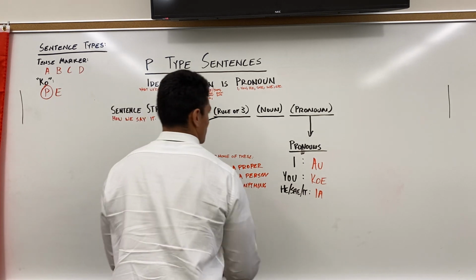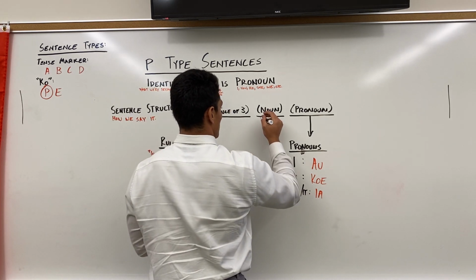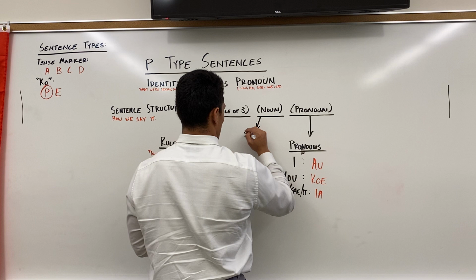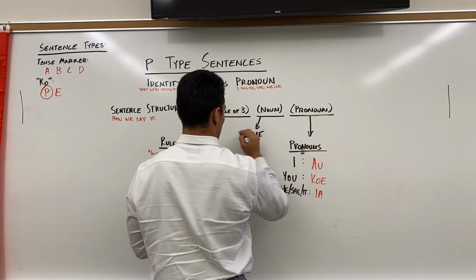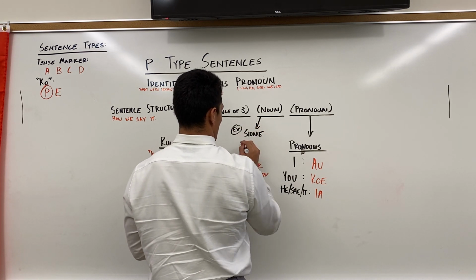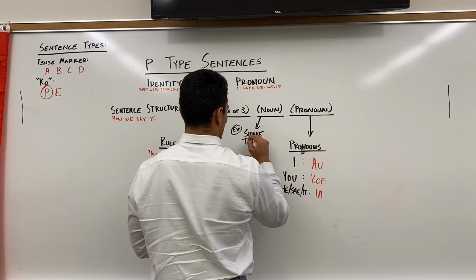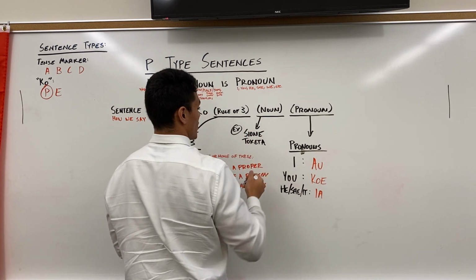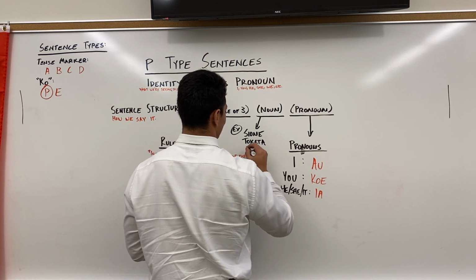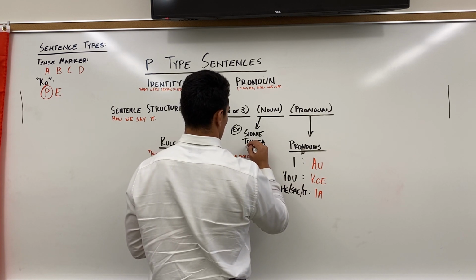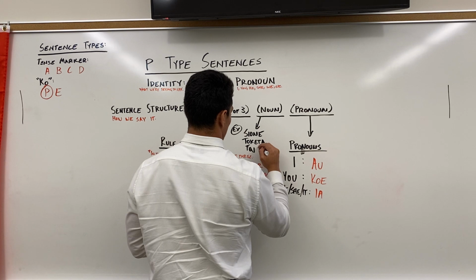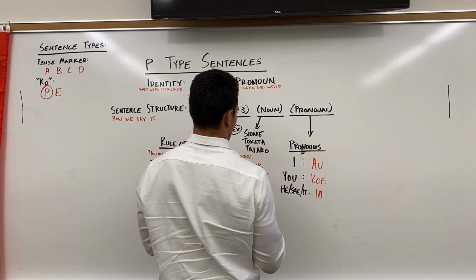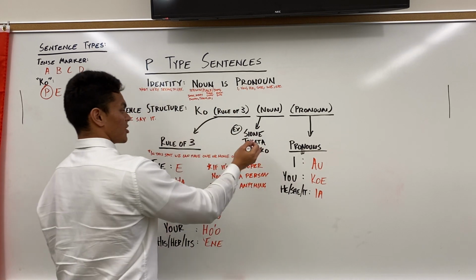Let me give you some examples of some nouns. Let's say Sione, toketa, which is doctor, or teacher, which is fai ako. So we have Sione, doctor, and teacher.